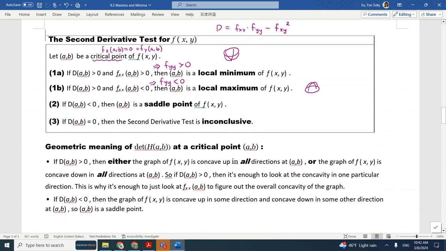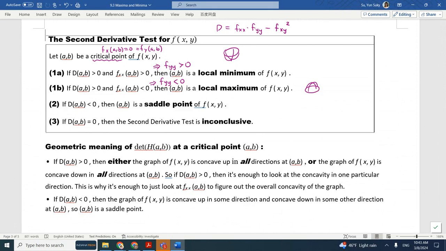If D is positive, either the graph is concave up in all directions or concave down in all directions. It depends on your fxx. If it's positive, then fyy must be positive, all directions concave up. This is a local min. If fxx is negative, then fyy is also negative, so we get concave down.